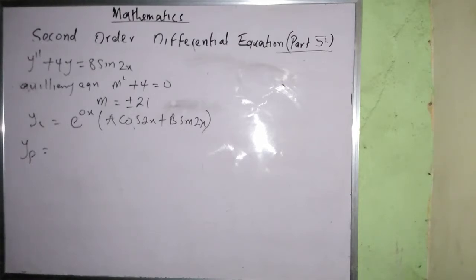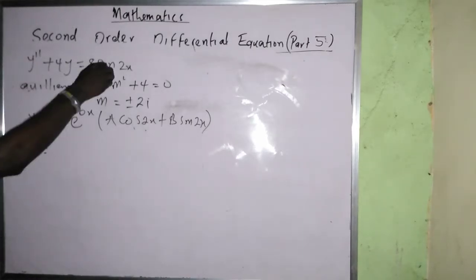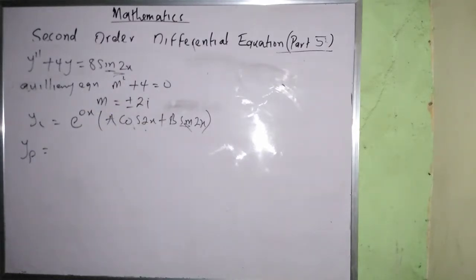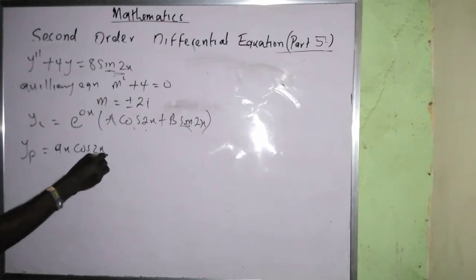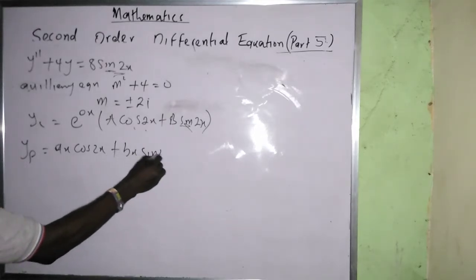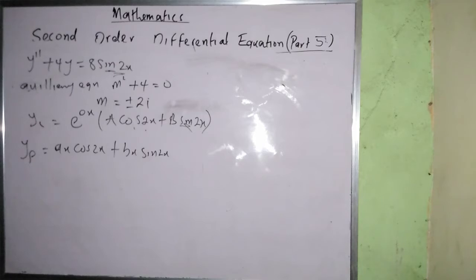Now, how do I generate my y particular? This is here. It means this is on point condition number 2 I stated at the beginning of this case. It means I'll be having A of x cos 2x plus B of x sine 2x. That is just it.